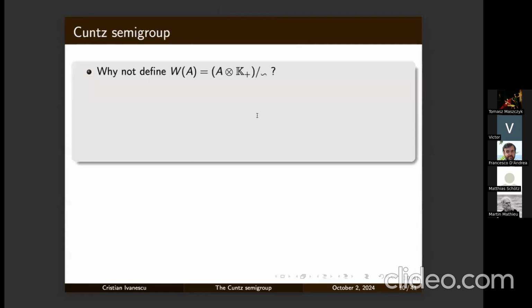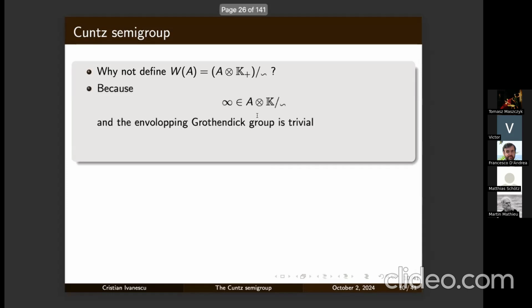Okay, so at this stage, probably one question you may have is, why not define from the beginning the classical Cuntz semigroup as being this closure that we recently introduced? And there is a good reason for why not define it like this. The first observation is that you do get infinity into your calculation.